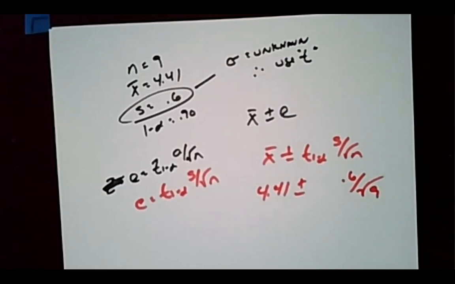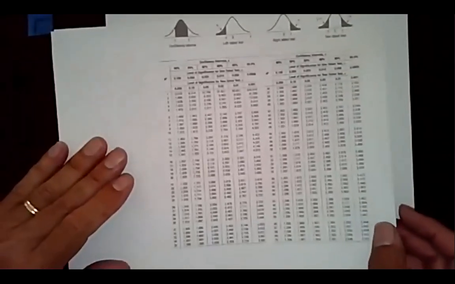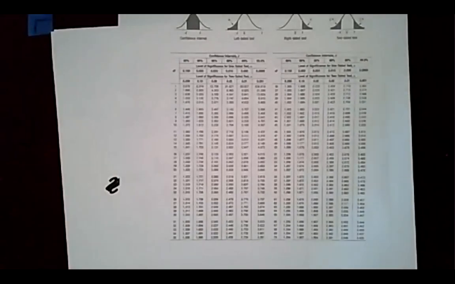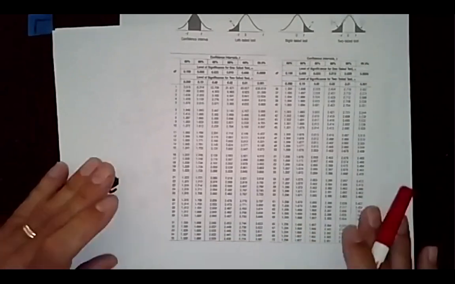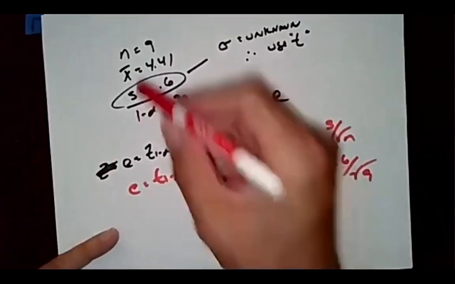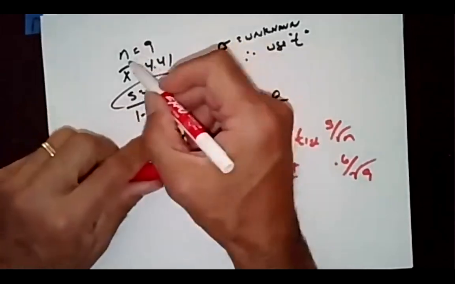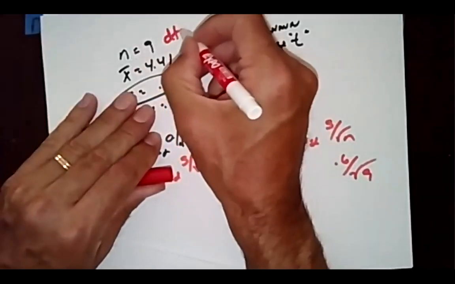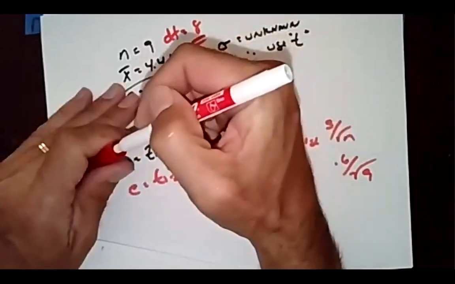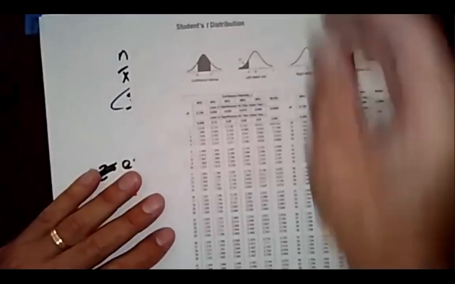All right. So what we do then is, let me get my t table. Where did I put it? Here it is. Okay. What I'm going to do here is, we know from this problem n is 9, so our degrees of freedom are going to be 8. So then let me make this larger.